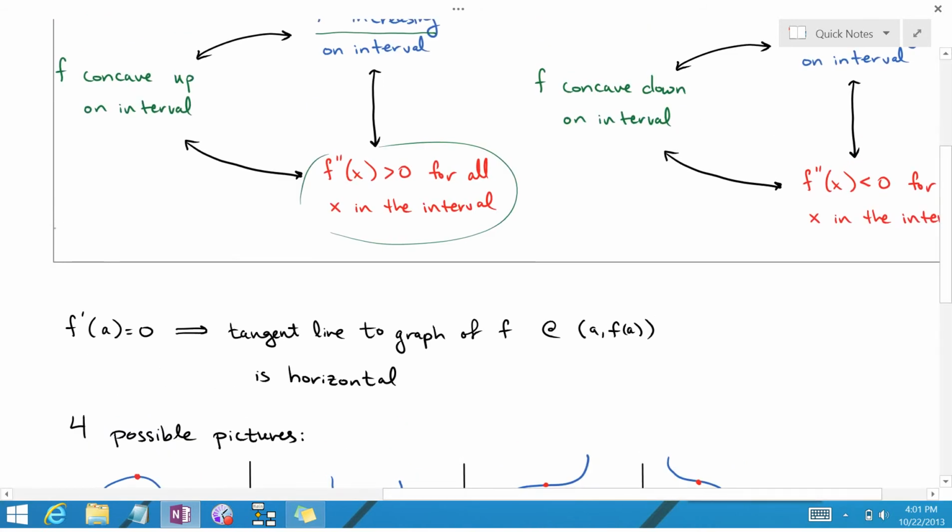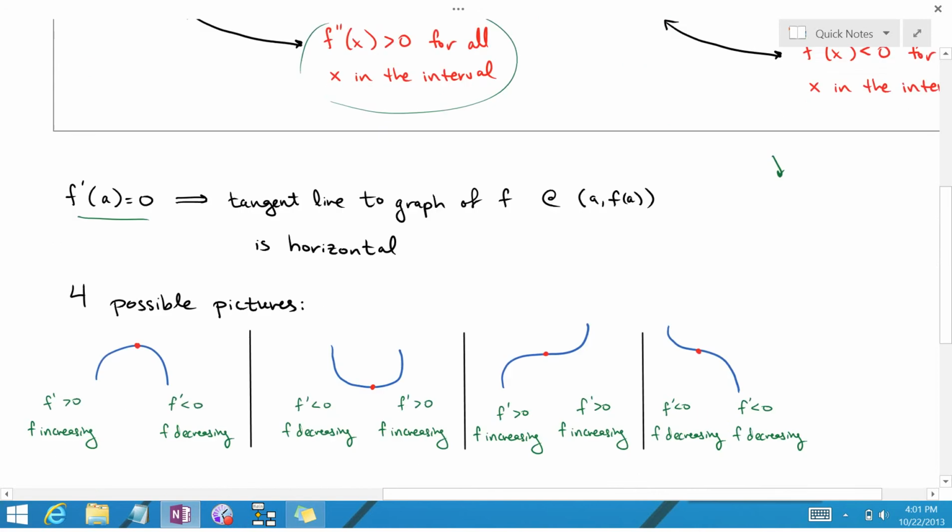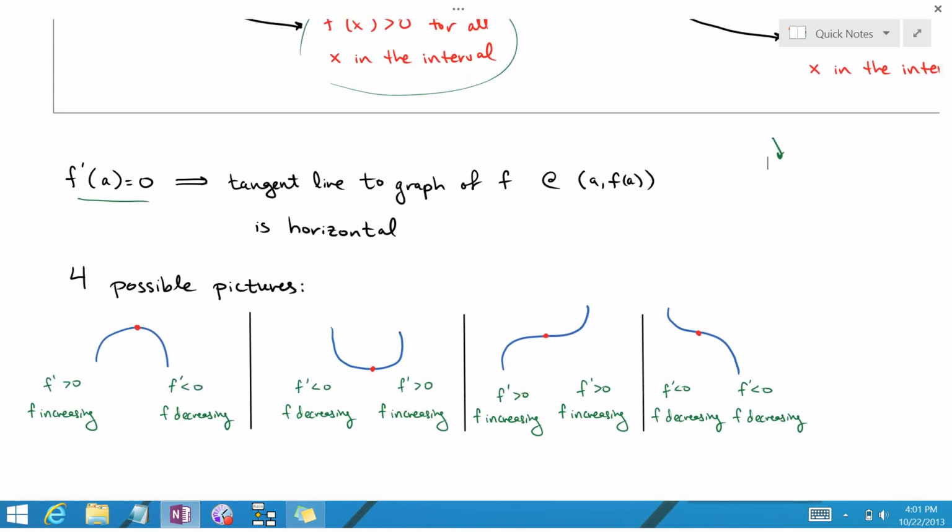What does it mean for f prime of a to equal 0 for some point a on the x-axis? Well, it means that if you look at the graph of f, the tangent line has slope 0 because the derivative is the slope of the tangent line. But slope 0 is just a horizontal tangent line. So f prime of a being 0 means that the tangent line to the graph is horizontal. There are 4 possible pictures for this that I've drawn here.